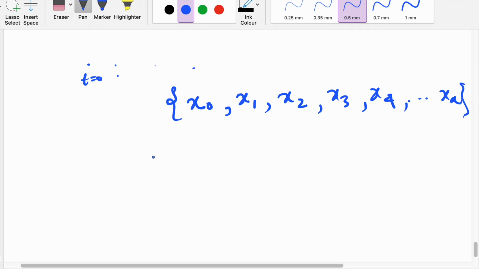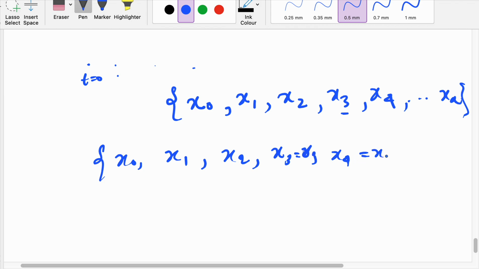Suppose with period 3, it is x0, x1, x2, then x3 itself is x0, x4 will become x1, x5 will become x2, and this keeps repeating. This is called the periodic orbit. After some period of time, the same state comes again.